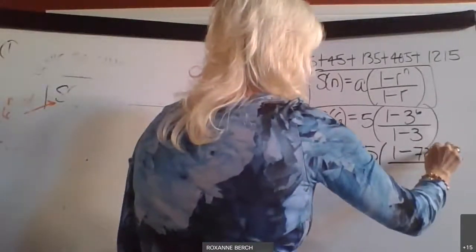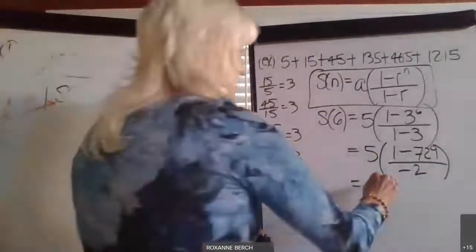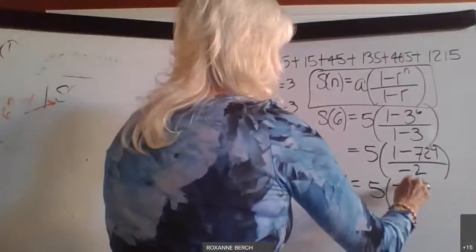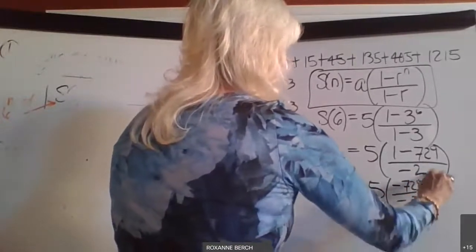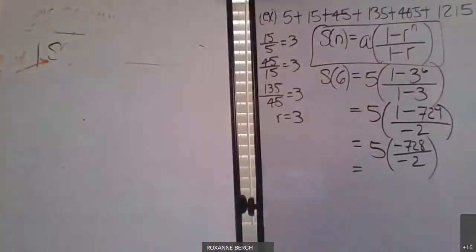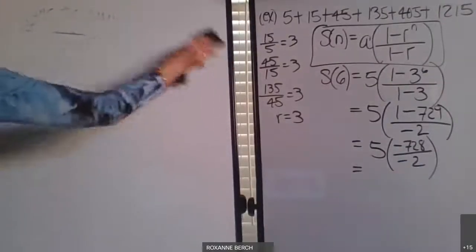Over a negative 2. So what we have here is 5 times a negative 728 divided by a negative 2. So what's a negative divided by a negative? Positive.